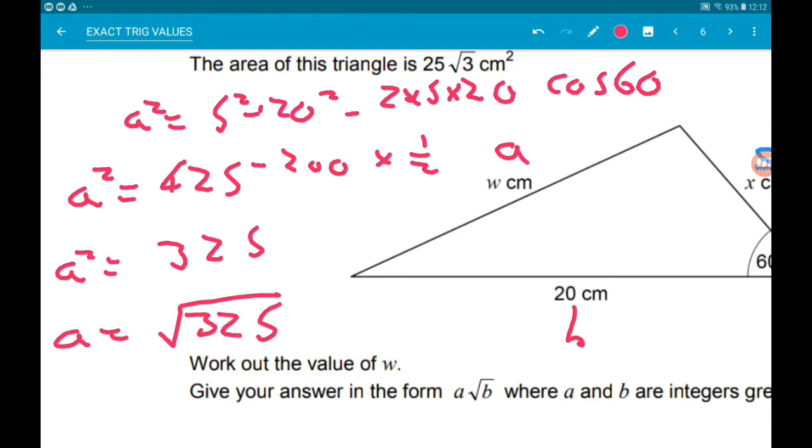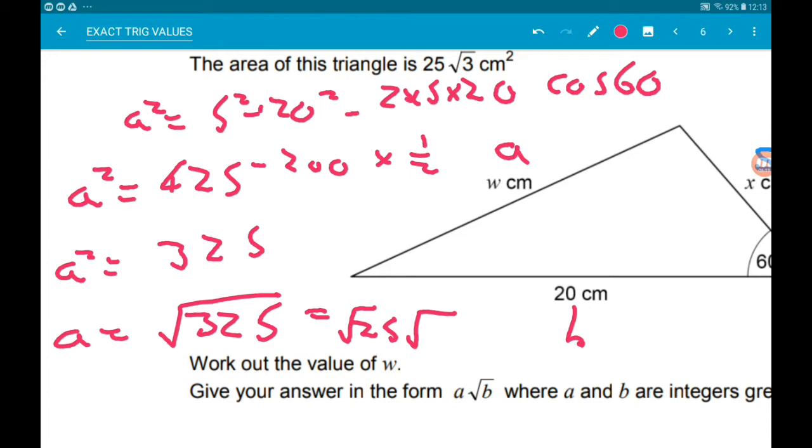Okay, so that is really not a nice looking surd, so we need to think of a square number that goes into 325. Now, it's not as bad as it looks because it's 25. So we can say this is root 25 times root however many 25s there are in 325.